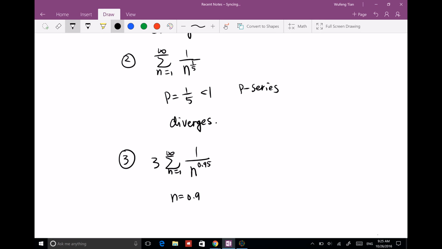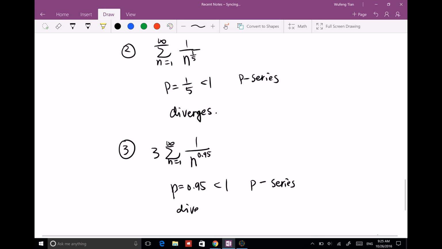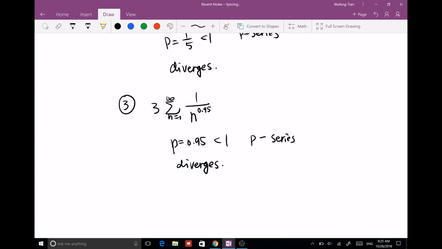Is 0.95 less than 1? Less than 1. So it diverges, so it's a P series. It diverges. Perfect. That's simple, everyone? Good? Alright, so let's look at the next one.